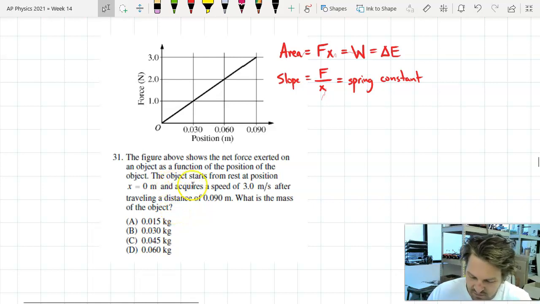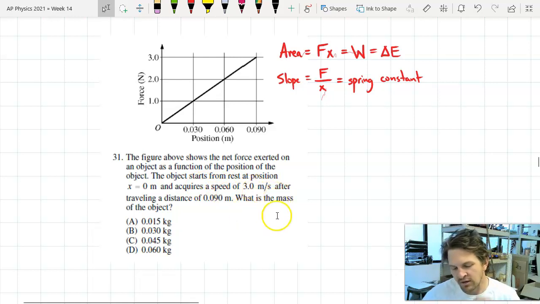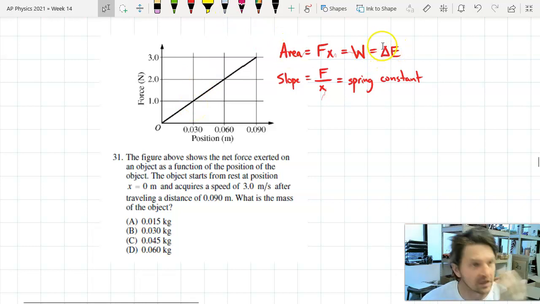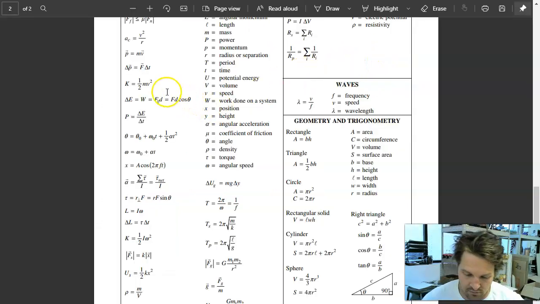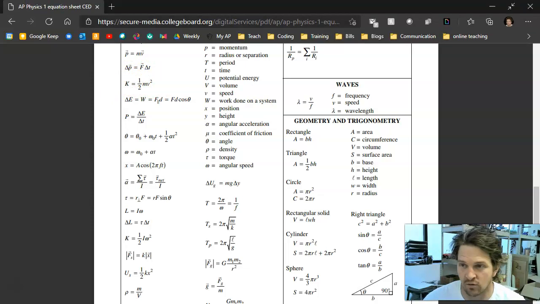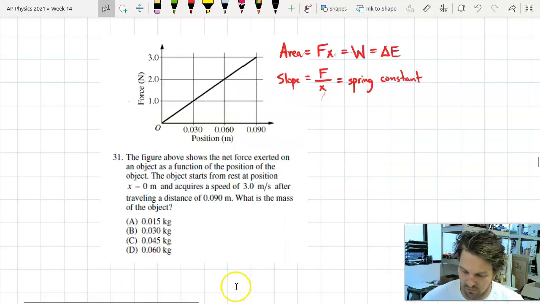So I see speed and mass. And with a force position graph, I can figure out energy, right? So I'm thinking energies. And kinetic energy has mass and speed inside of it. So that's going to be my starting point.